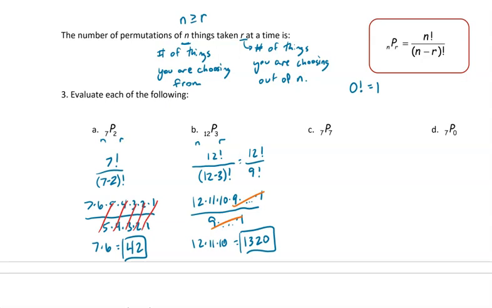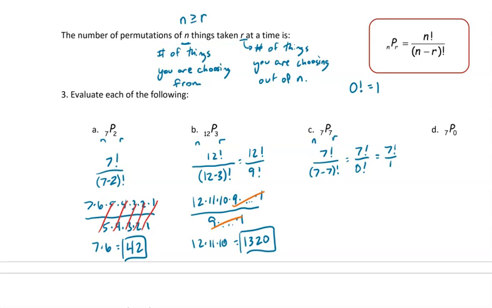All right, let's try the next one. In this case, 7P7, n and r are both 7, so it's going to be 7 factorial over 7 minus 7 factorial, which is 7 factorial over 0 factorial. Remember, I said 0 factorial is just 1, so this is 7 factorial over 1, but anything over 1 is just itself, right?